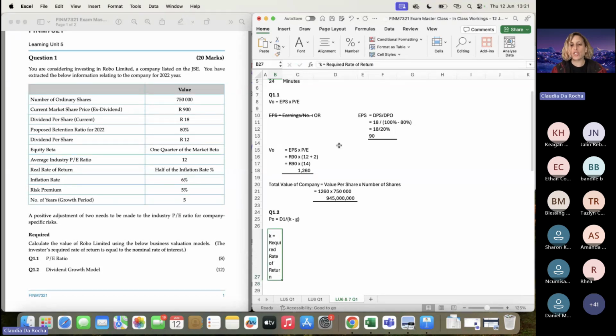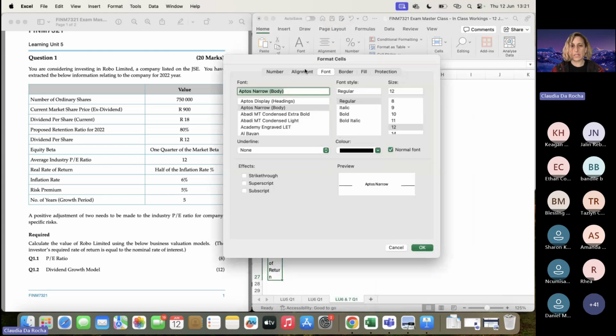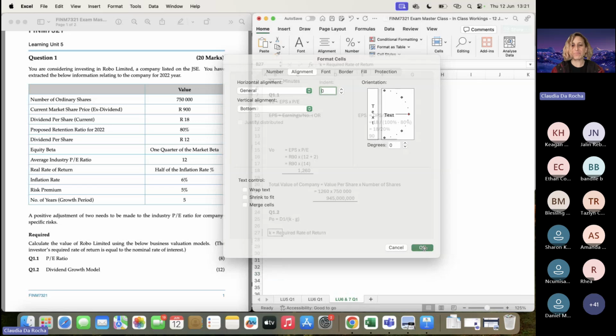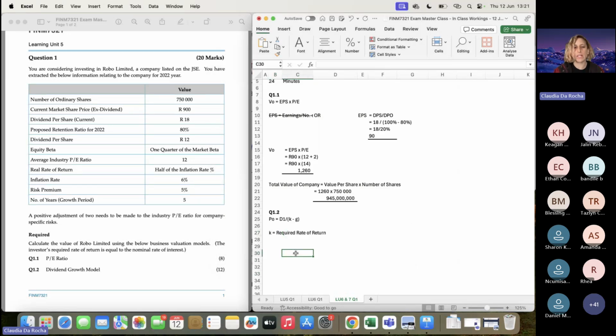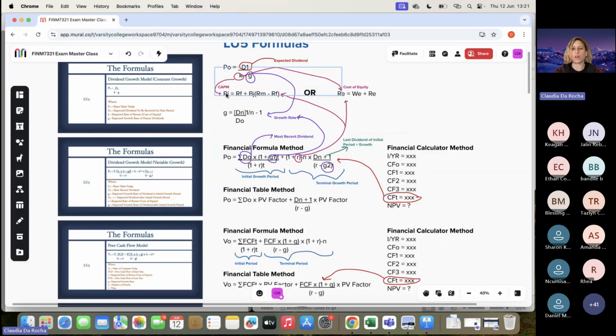We know it has to be the cost of equity because we're dealing with dividends. So we know it's got to be that, which means it's either two things. Either we're going to use, like I said, your CAPM, or we're going to use the RE formula.